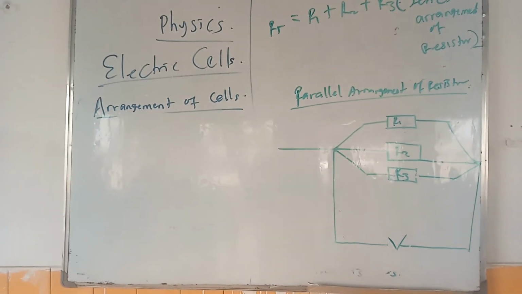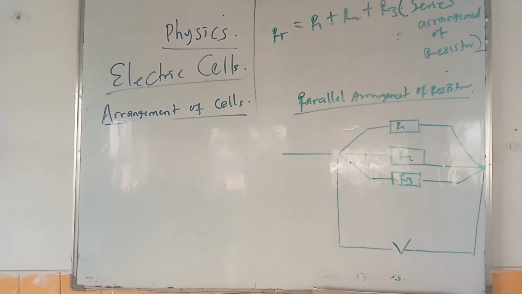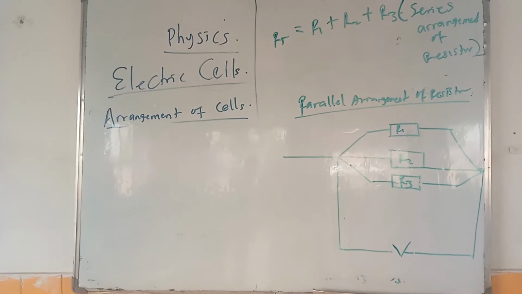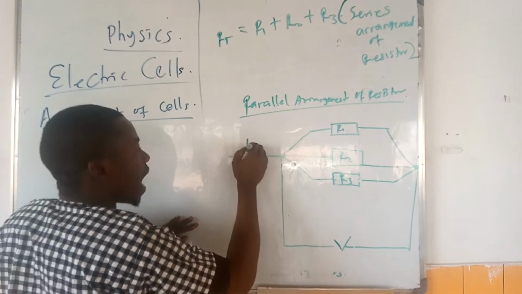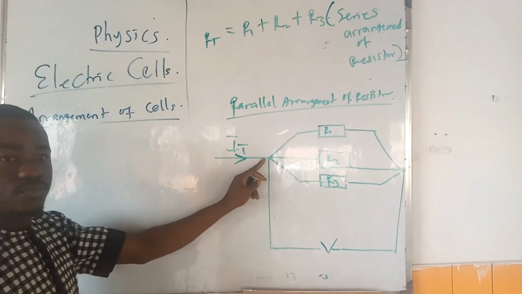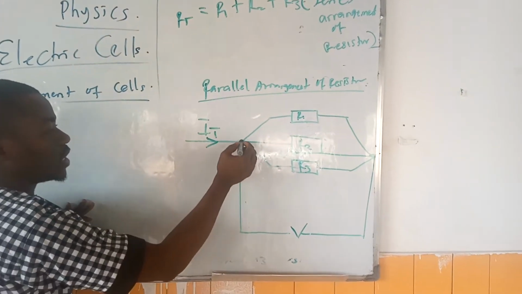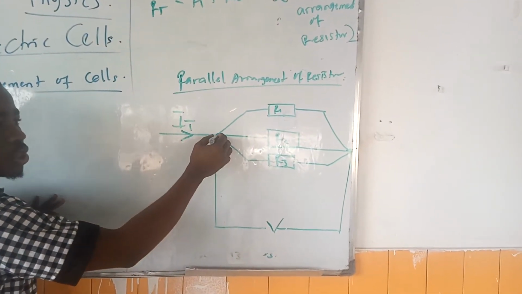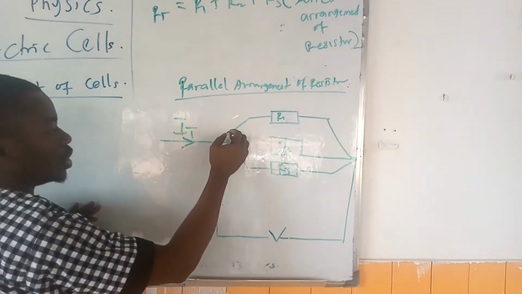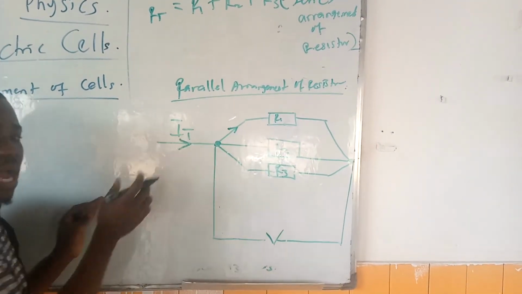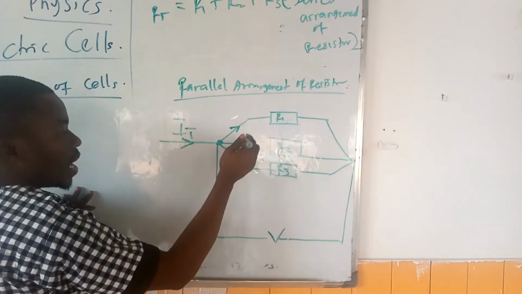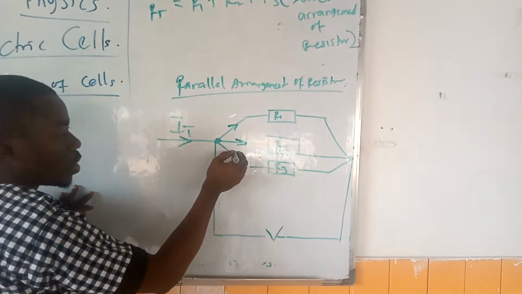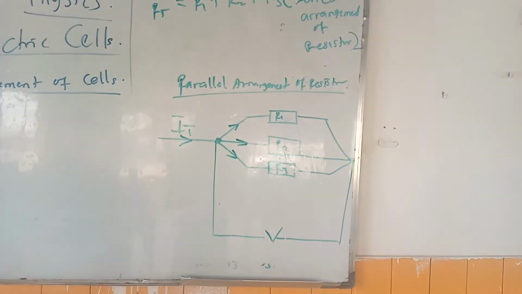Now, for current, it is different. Let's say this is I total that is coming. When this I total gets to this junction, it will now split. Part of it will enter R1, part of it will enter R2, and part of it will enter R3.